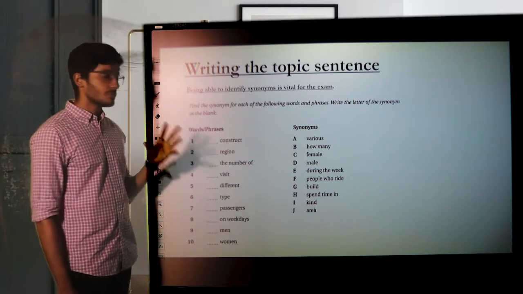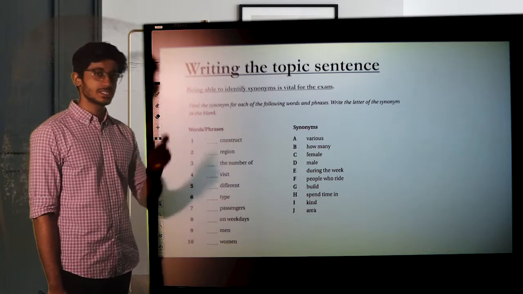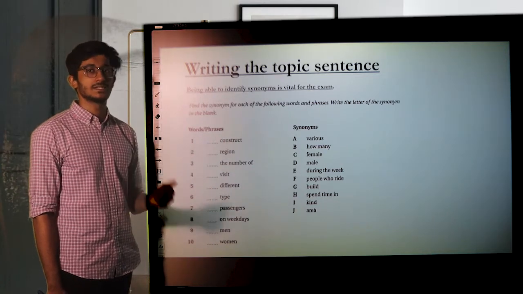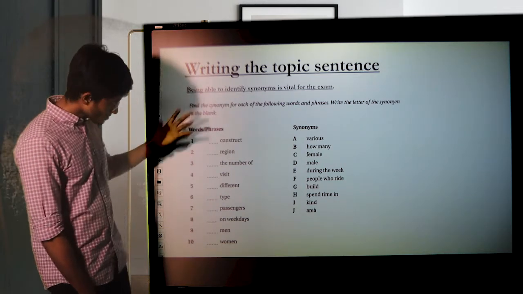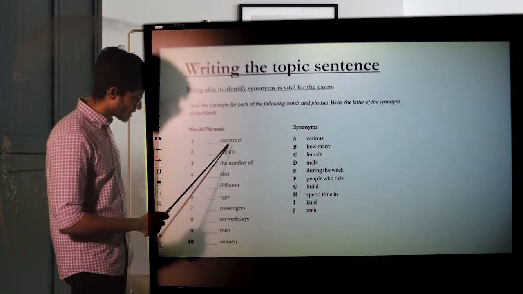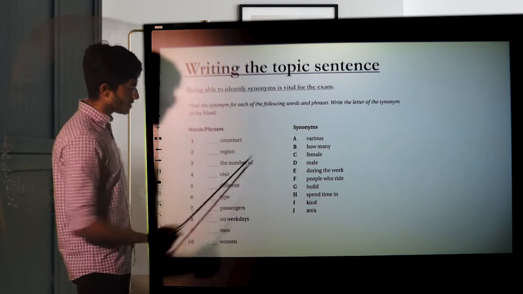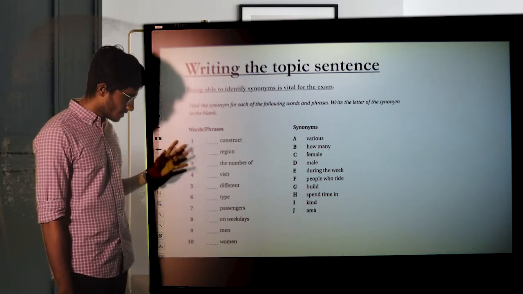So you have to be able to come up with a synonym of a particular word instantly during the exam. So here, based on the previous example, we have given a couple of words, and here are the synonyms for those words. So this I won't solve for each of them.